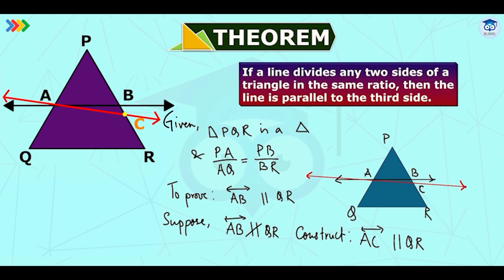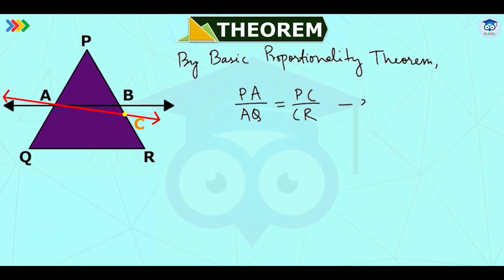Therefore, let's take the first ratio PA upon AQ, and the second ratio will be PC upon CR. Suppose this is equation 1, and this is equation number 2.